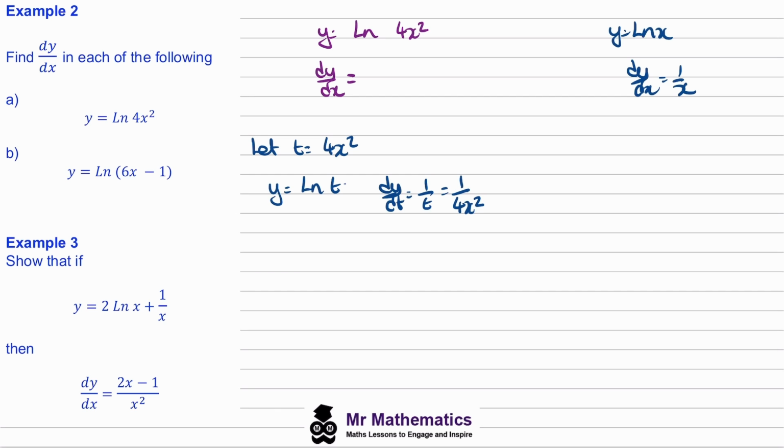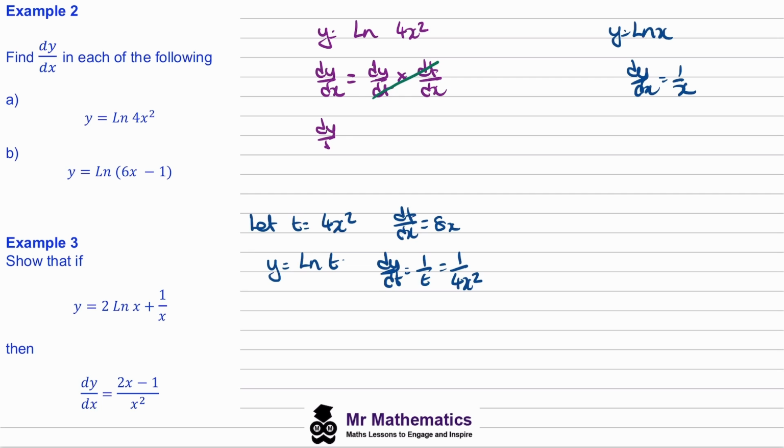What we have is dy by dt. So we need to multiply this by dt by dx, because then the dt's will cancel, and we have dy by dx. And if t is 4x squared, then dt by dx will be 8x. So we can substitute this into here.